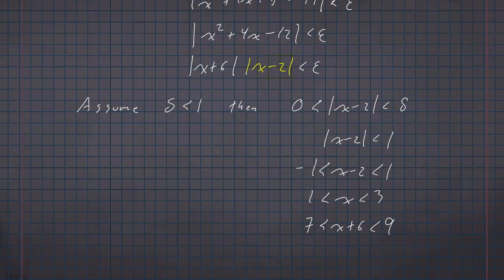So x plus 6 is somewhere between 7 and 9. At this point, we're going to take whichever side is bigger in absolute value. In this case, the 7 on the left is a smaller number, and also smaller in absolute value. If it had turned out that both of these numbers were negative, we'd be looking for the more negative value.